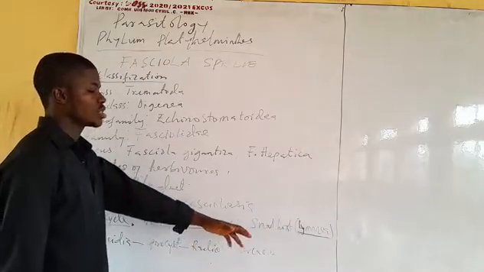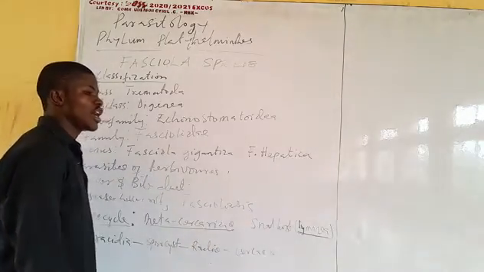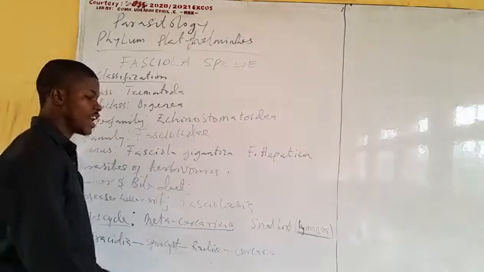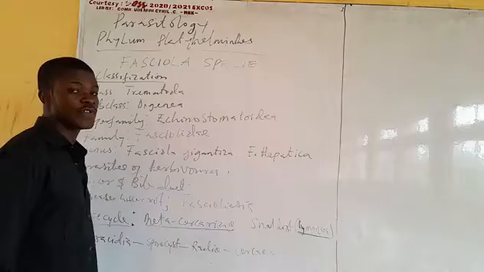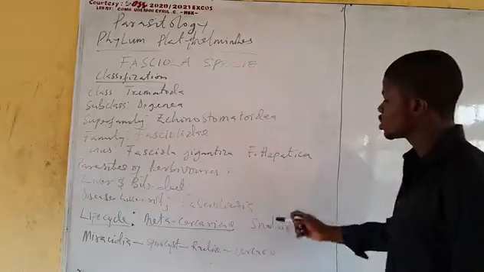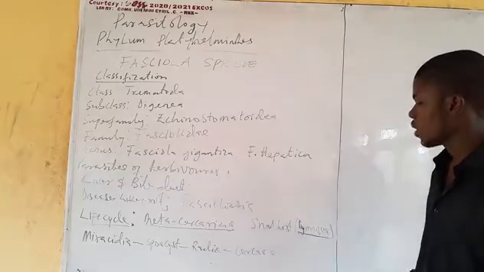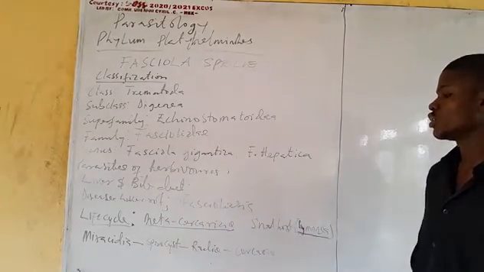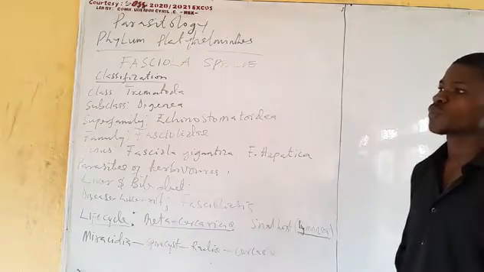The feces contains the eggs of Fasciola. Once it is passed out in feces, the egg contains what we call the miracidium.